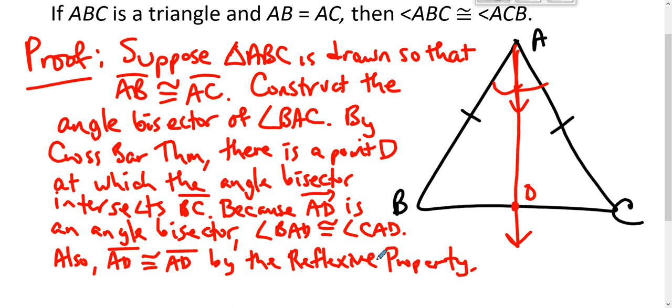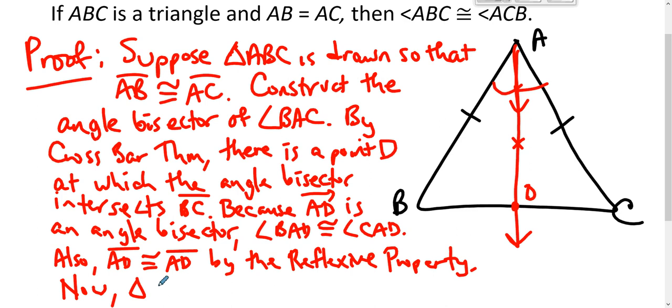Boy, are we slowing down here. So that's sometimes denoted with an X on the diagram. So we've got two sides and the angle between them here. We've got two sides and the angle between them here.